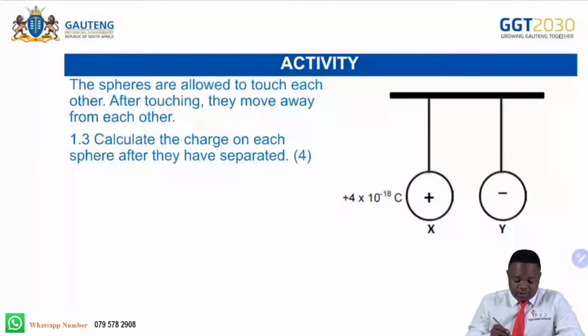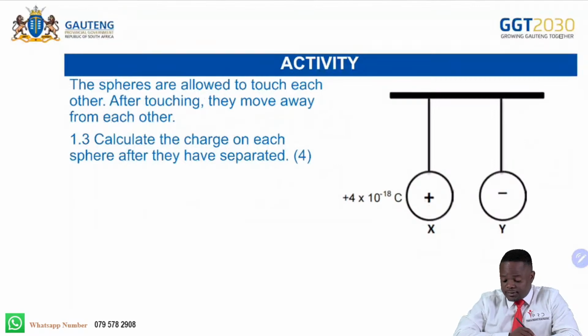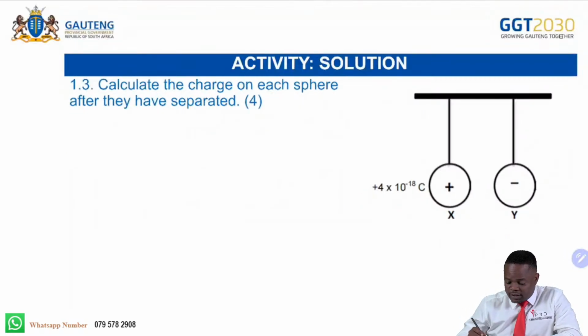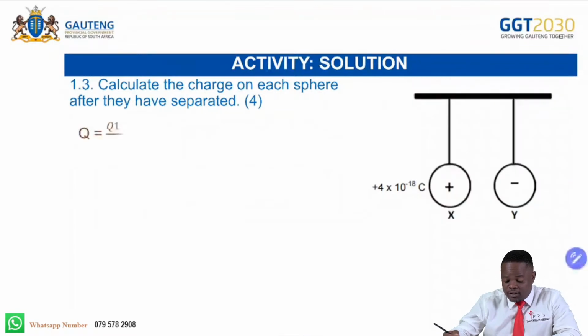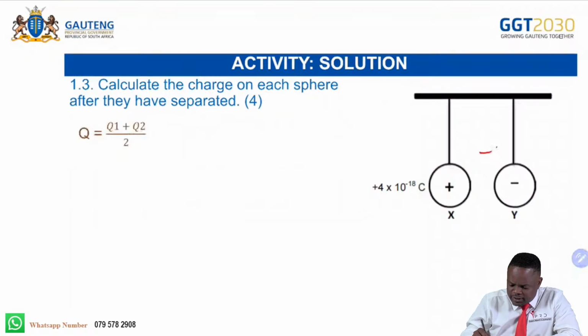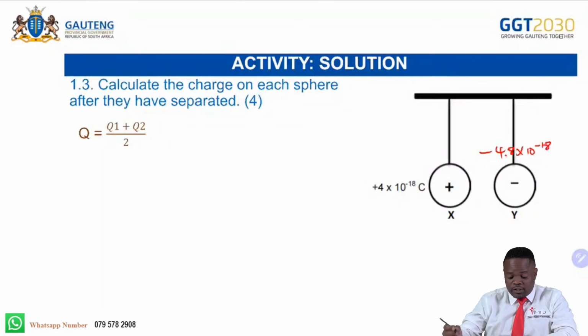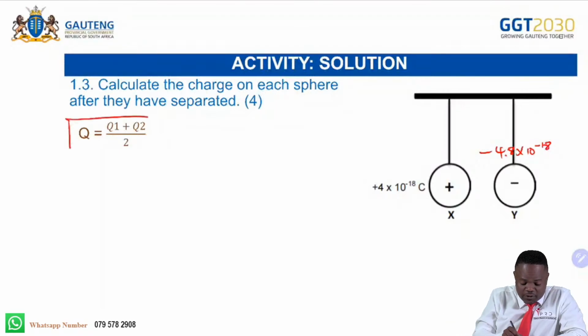Right, welcome back. Okay, so there you were expected to calculate the charge on each sphere after they have separated. Remember there we calculated the charge for our sphere Y. It was actually negative 4,8 times 10 to the power negative 18. Remember from your part 1. So importantly is your formula there.